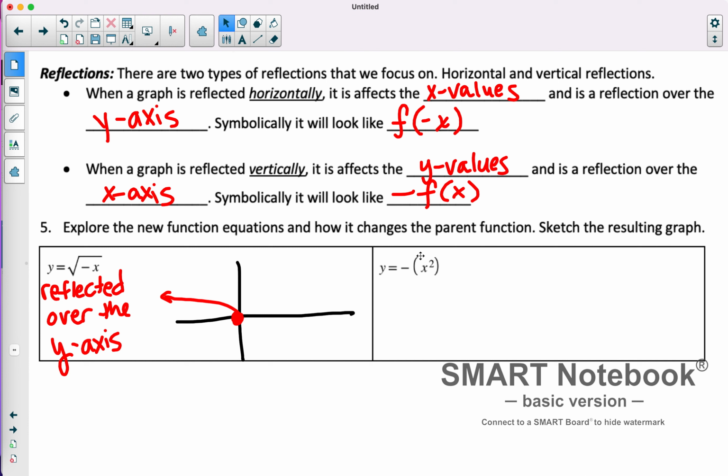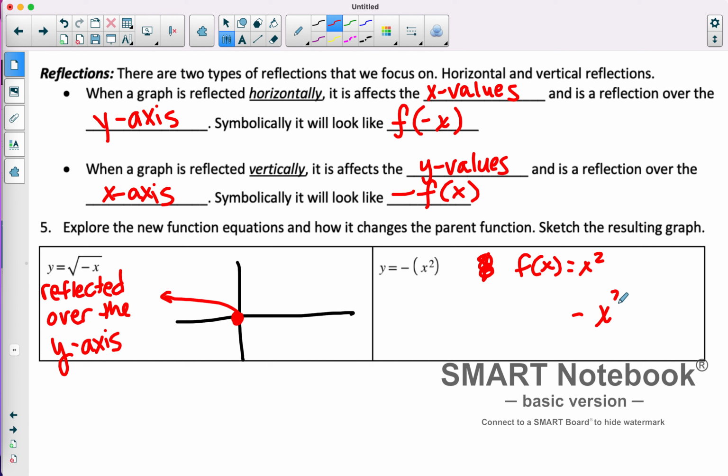Now for negative x squared, that negative is outside of the function, affecting the outputs. So look at what is going on here. If I had the original function, f of x was x squared. The new function, negative x squared, negated that f of x.